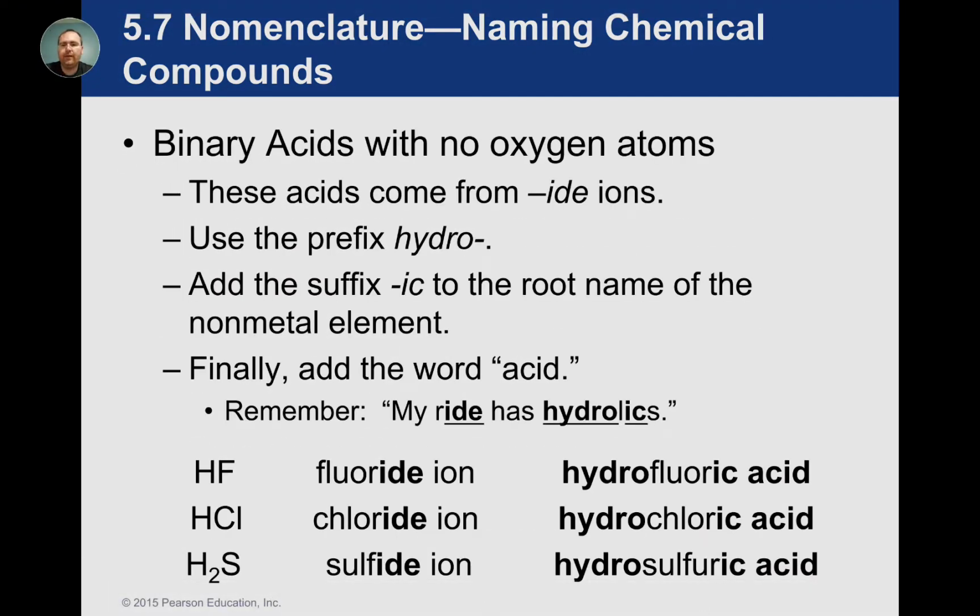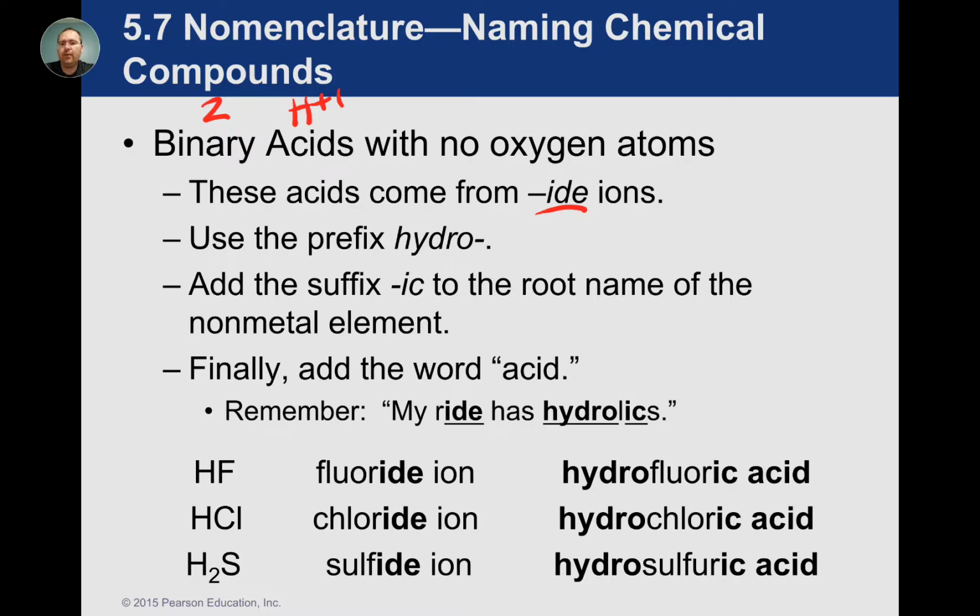First ones we're going to look at are binary. When you're binary, in this case, it's a little bit easier than binary ionic, because you have two elements, but if you're an acid, one of those two is H+, and it has a +1 charge. These acids come from things that would end in IDE because, again, they're binary.